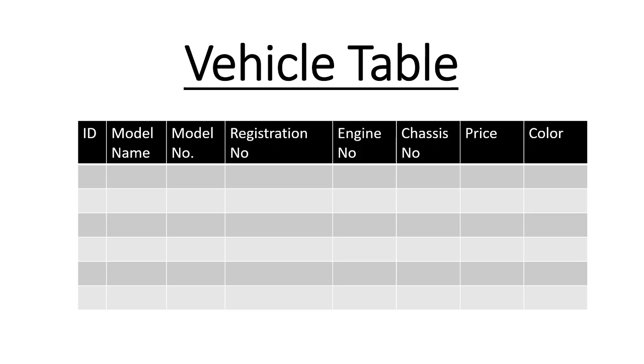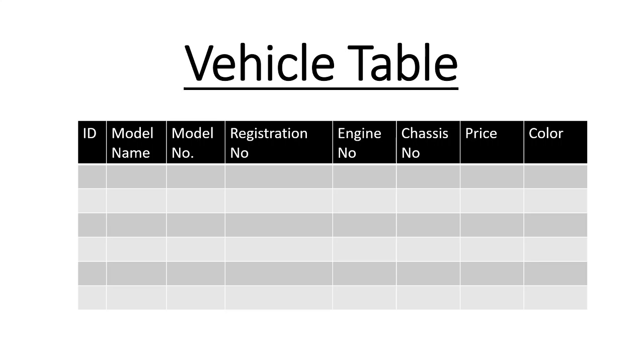So the candidate keys which are not chosen as a primary key will be called alternate keys. That can be a perfect definition. Candidate keys are the keys which are eligible to become a primary key. Alternate keys are the candidate keys which are not chosen as a primary key.